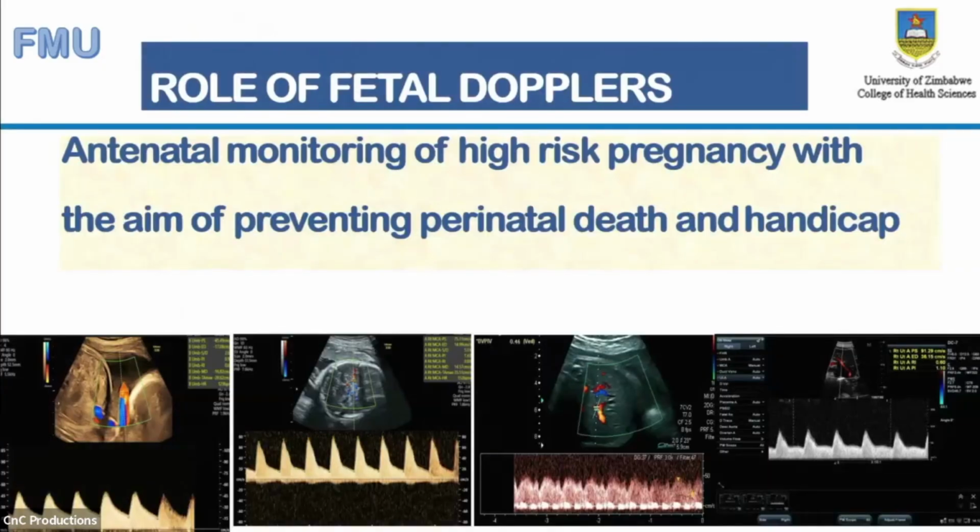So every machine should have some Doppler facilities, and I'll be just taking you quickly through the different types of Dopplers. And the role of Dopplers mainly is for antenatal monitoring of high-risk pregnancy with the aim of preventing perinatal death and handicap. So Dopplers play an important role, not just the biometry which we started with.